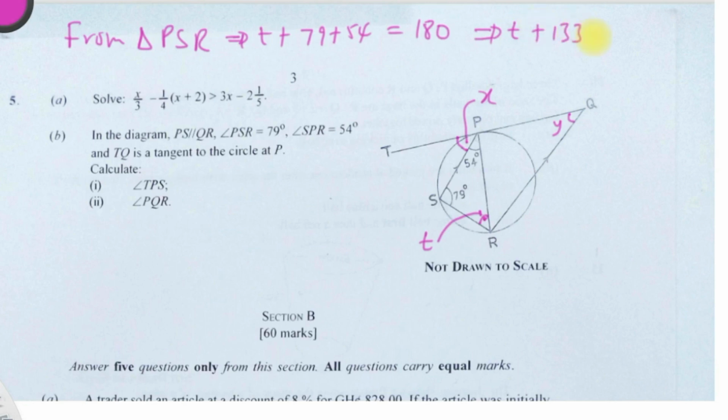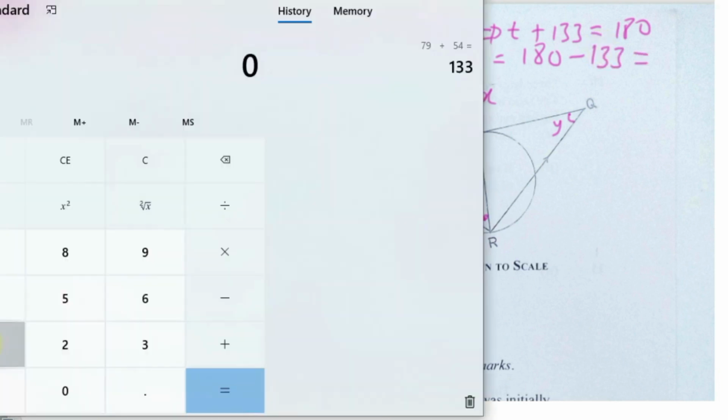So T is equal to 180 minus 133, which is equal to 47.